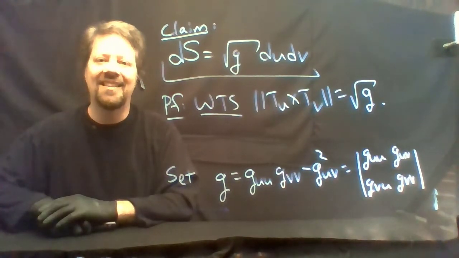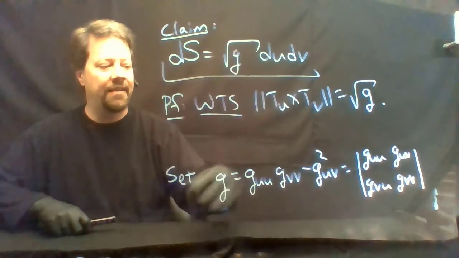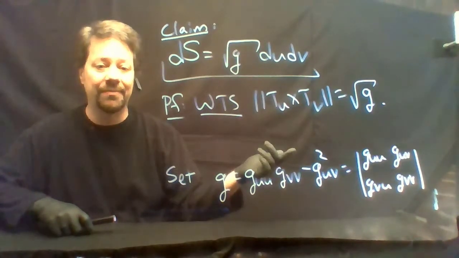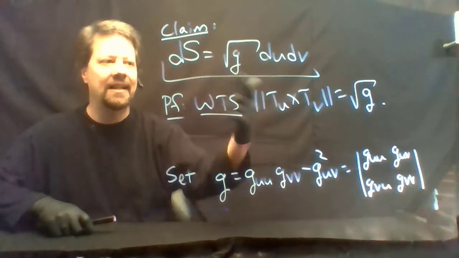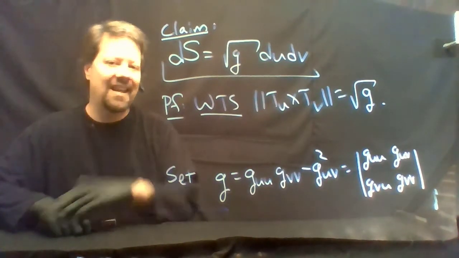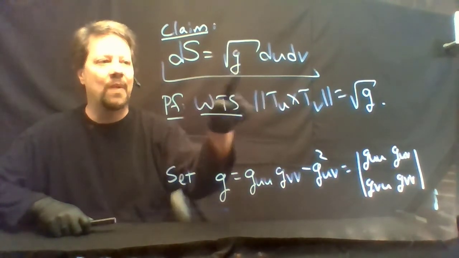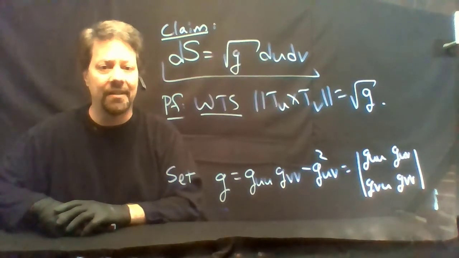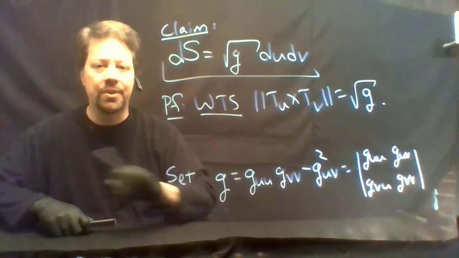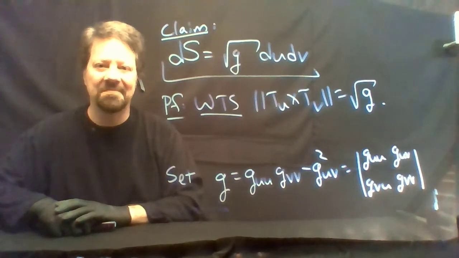What is more, the method with the square root of g is generalizable. If you have 3 dimensions, you'll have 3 tangent vectors, Tu, Tv, Tw. You'll end up with a 3 by 3 matrix, and instead of a surface element, you'll get a volume element. And if you're in 4 dimensions, you can get a 4 volume element, etc. So the square root g method is generalizable to higher dimensions, whereas the norm of the cross product method is restricted only to surfaces that are embedded in R3.